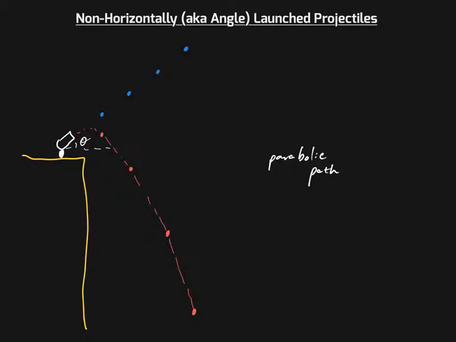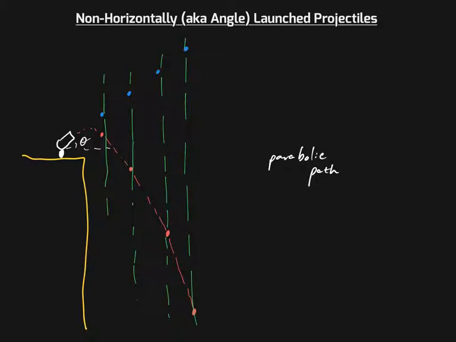So I'm going to draw my vertical lines to look at the time interval and the distance covered in each time interval. And if we take a look here, now this is an imperfect drawing, but if we take a look from 1 to 2 seconds, from 2 to 3 seconds, and from 3 to 4 seconds, the distance traveled in those time intervals is constant, because again, in our horizontal direction, we have constant velocity.